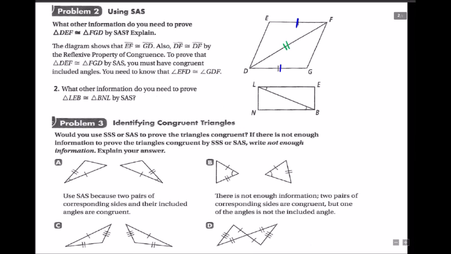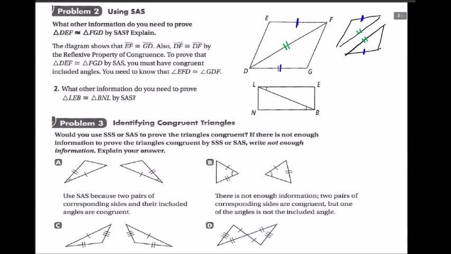So if I redraw my triangles, just real quick, they don't have to be perfect, but it lets us see what we have. We have a side here and a side here, and then we have a side here and a side here.